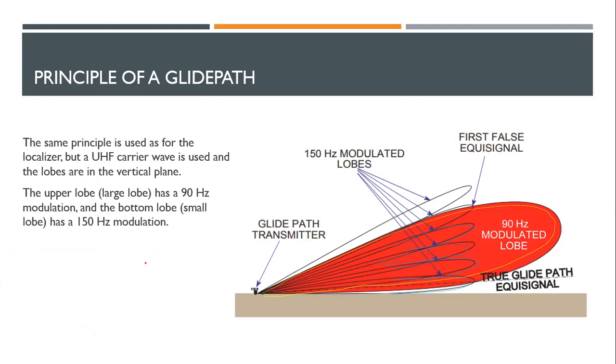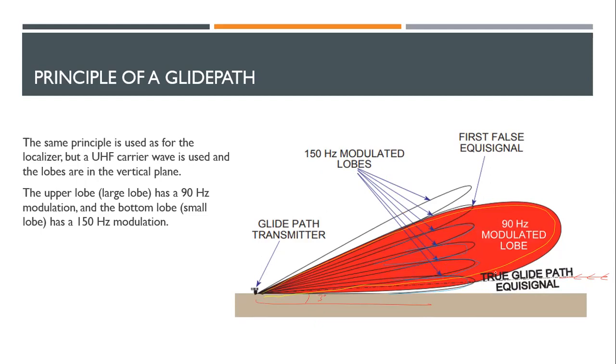So let's discuss the principal operation of this first. As I told you, there are two sets of modulation, one is 150 hertz and the second is 90 hertz. If you see closely, this is our true glide path, which should be present at 3 degrees.